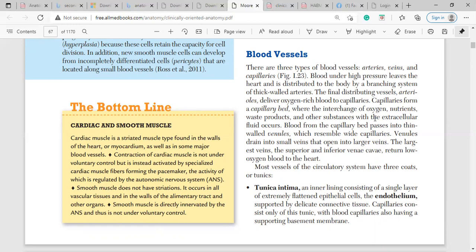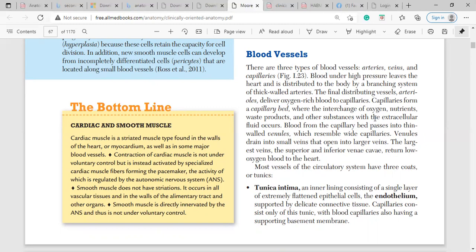So let's quickly summarize arteries. Arteries are blood vessels that carry blood away from the heart. Secondly, the arteries carry blood at high pressure because the blood is leaving the heart, pumped into the arteries. Number 3, the arteries carry oxygenated, fresh blood. All arteries carry oxygenated blood except the pulmonary artery.